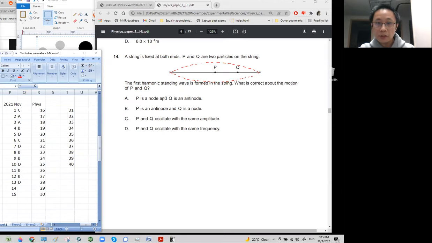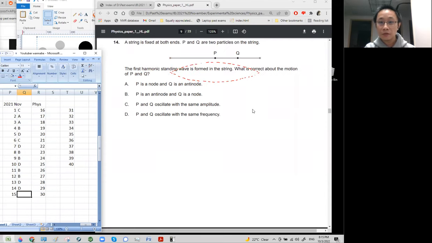So P should be an antinode, but Q should not be a node. Should be just D, right? All points oscillate with the same frequency. An antinode has the maximum amplitude. Q would have some decreased amplitude, maybe like 1/√2 as much amplitude.